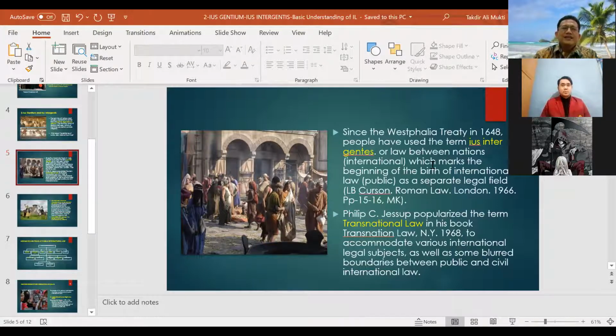Or you can see UNESCO, UN, but UNESCO, ITU, UNHCR, about refugees. You can see there are several or many organizations under the United Nations, or maybe ICRC.